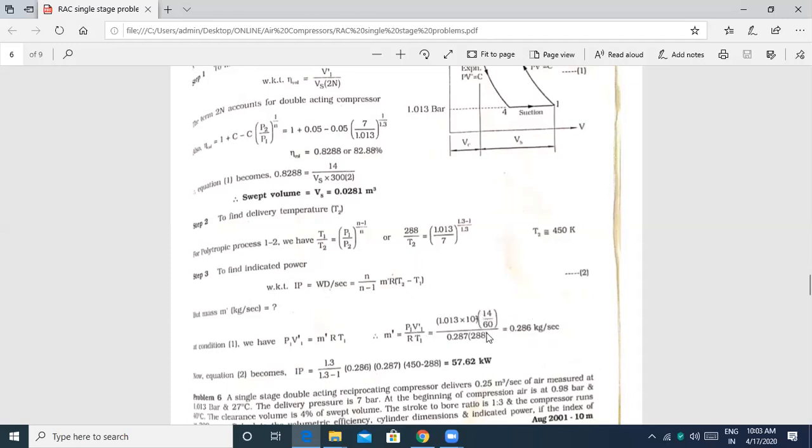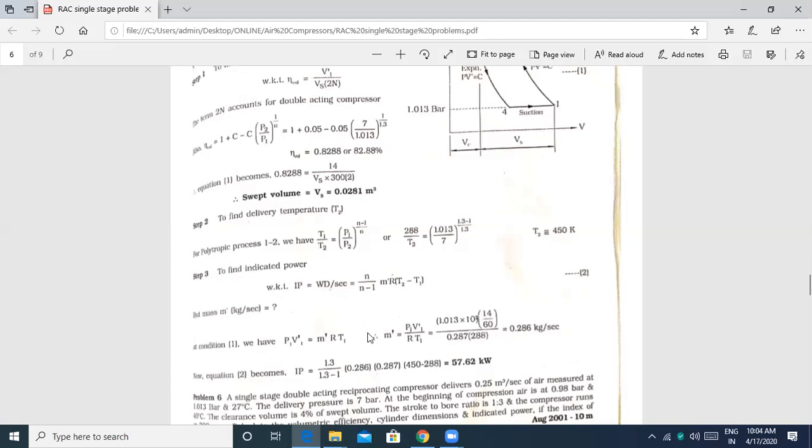That's why you convert here, but in volumetric efficiency don't convert, because it is in RPM, meter cube per minute. P1 is 1 bar into 14 divided by 60, divided by R, which is 0.287, into T1, which is 288. So 0.286 kg per second of mass is flowing inside the compressor.